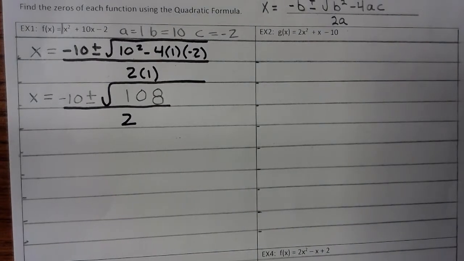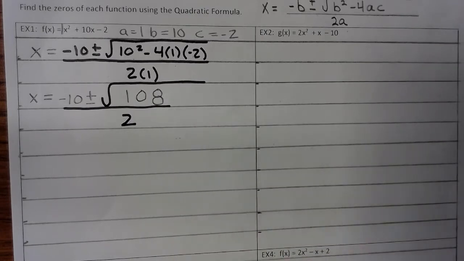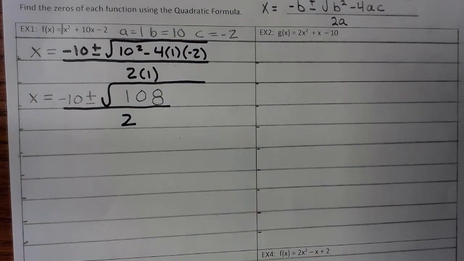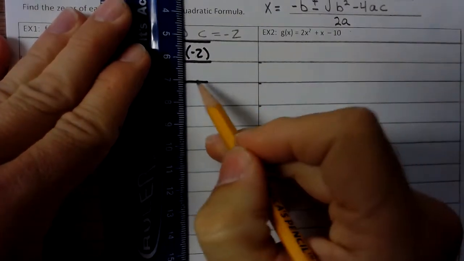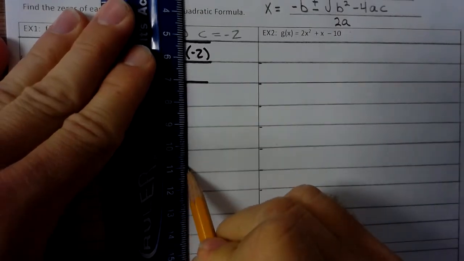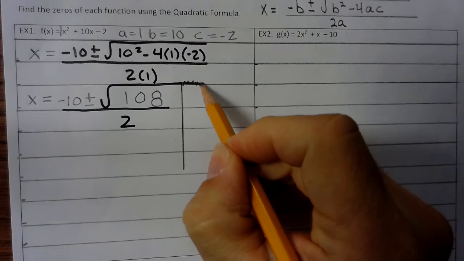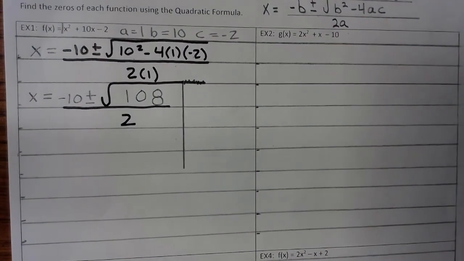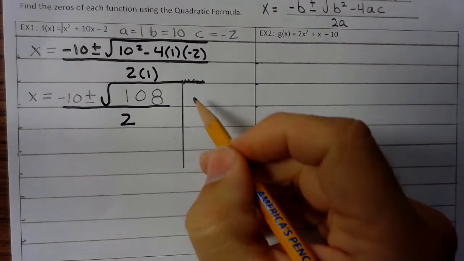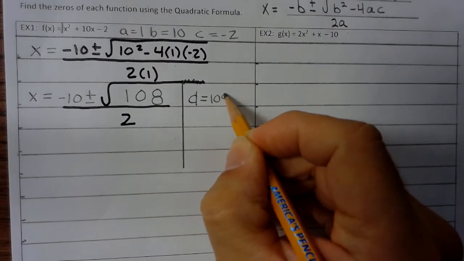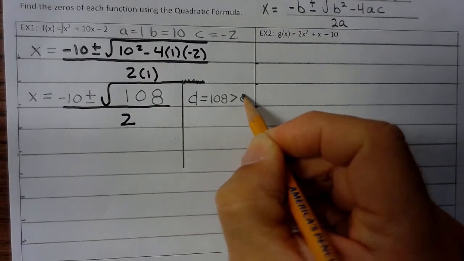Now, we need to figure out what the discriminant tells us. Okay, so the discriminant. Well, we know the discriminant equals 108, which is greater than 0.